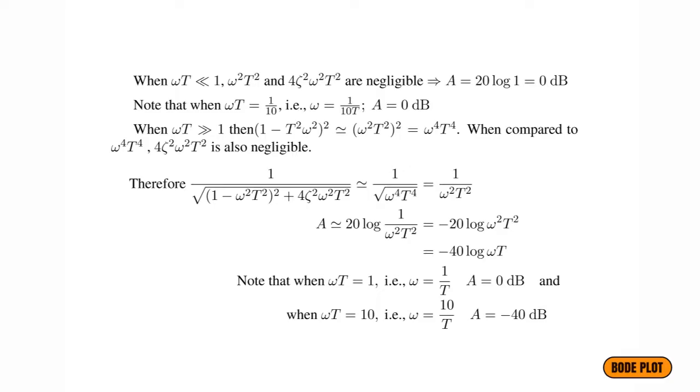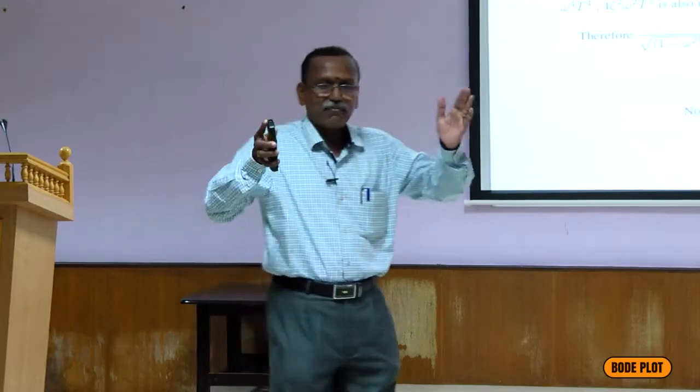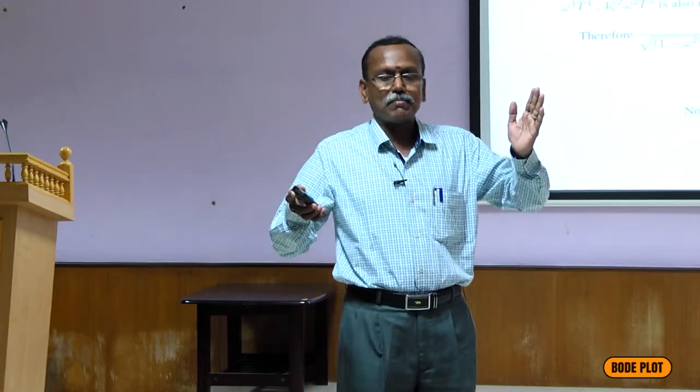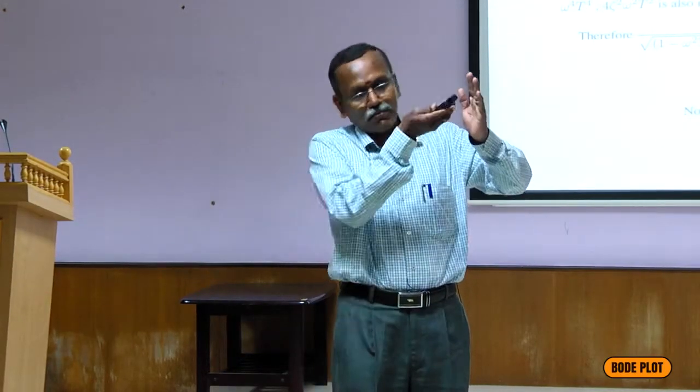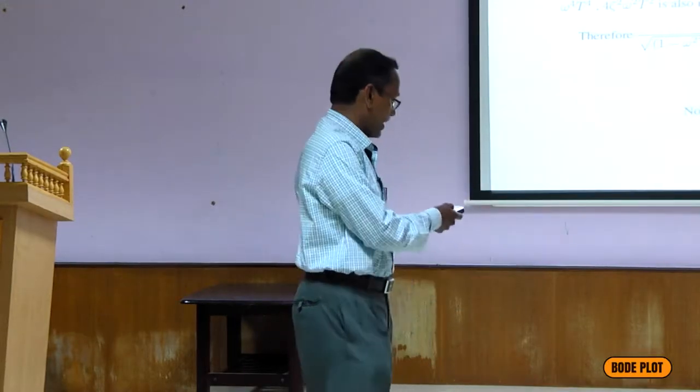When omega equals 1 by tau, that is omega tau equal to 1, we substitute and get 0 dB. When omega equals 10 by tau, 1 decade after, we get minus 40 dB. So in a decade of distance from the corner frequency, the magnitude is minus 40 dB. Therefore, the slope is minus 40 dB per decade.